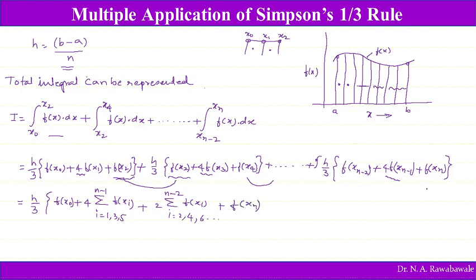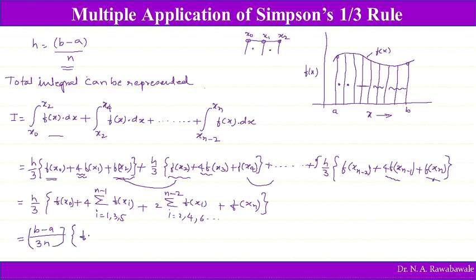Lastly, f of xn is only once, and f of x0 is once, but all the odd terms 1, 3, 5 are 4 times, and the even terms are 2 times. Or else we can rewrite this: in place of h we can write b minus a divided by 3n in the bracket.